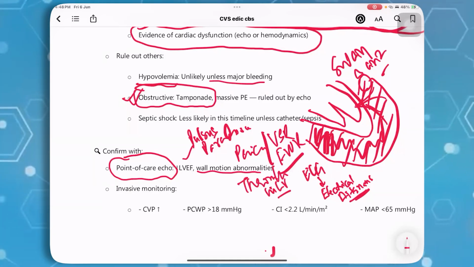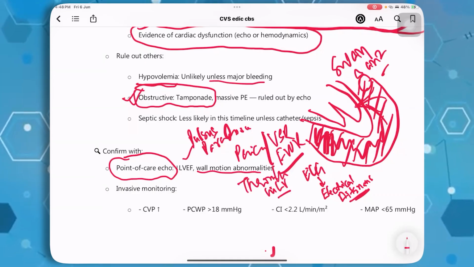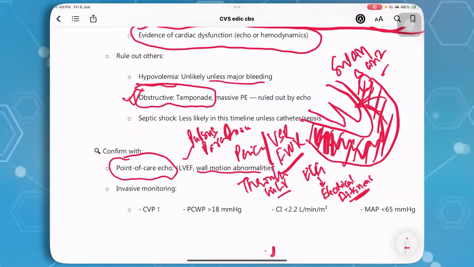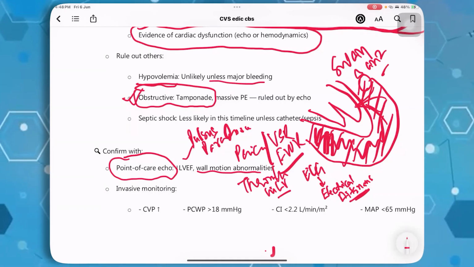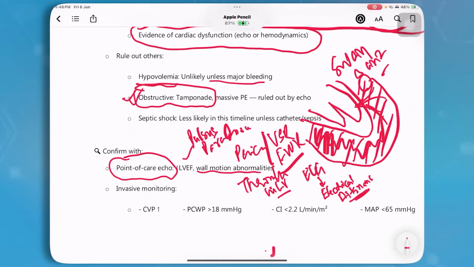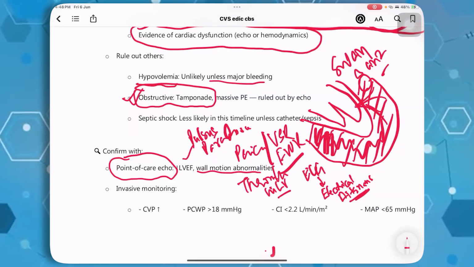So bedside echocardiography is one of the most important investigations, to clear your mind about what you are dealing with. So if it is a cardiogenic shock, you need to have a bedside echocardiography so that you can actually define what you are dealing with.